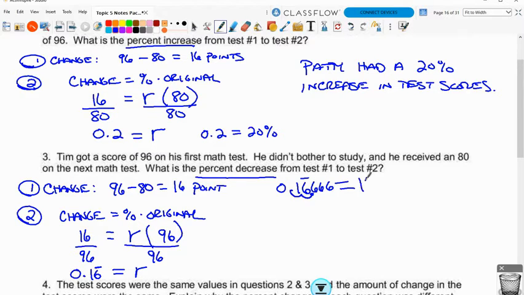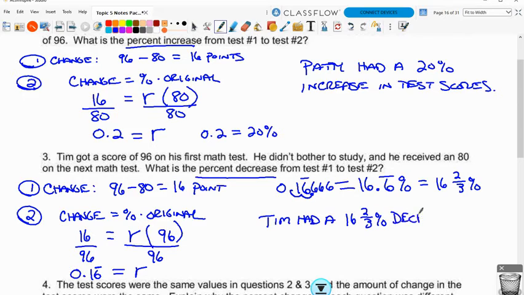So now we're going to have 16 decimal, and notice that, again, there's still a bunch of 6s here, so 6/10 repeated as a percentage, and this is better known as 16 2/3%. So we can say here that Tim had a 16 2/3% decrease in test scores.